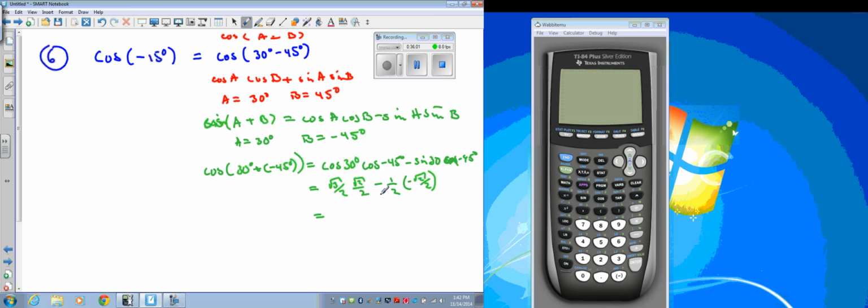So the denominator is all going to be 4, since 2 times 2 is 4, and the square roots go under, so this is going to be the square root of 6 minus, this is plus, right? Square root of 2.